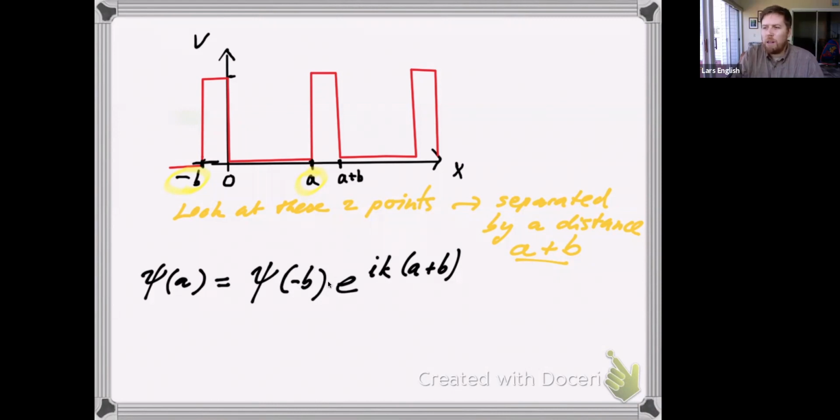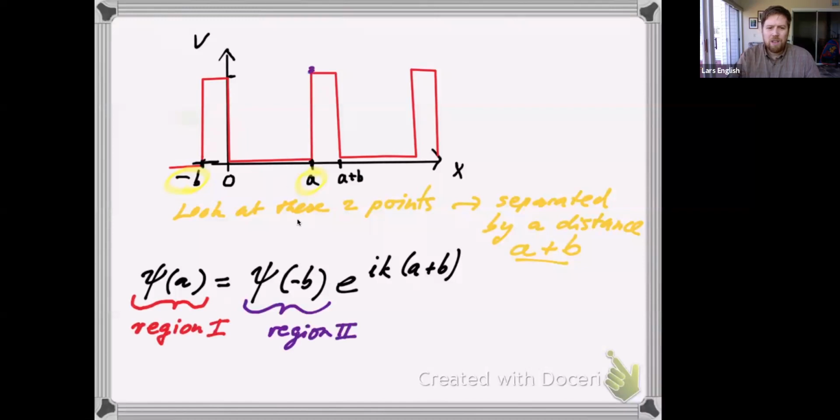Now, it may seem a little odd. It's not a super intuitive thing, but we have to believe it, and that's what it says. But here comes an additional point that you have to think about a little bit. This is a non-obvious point on top of a non-obvious equation. So just to warn you a little bit here, we're going to say that psi of A, we're going to think of that here to be in region 1.